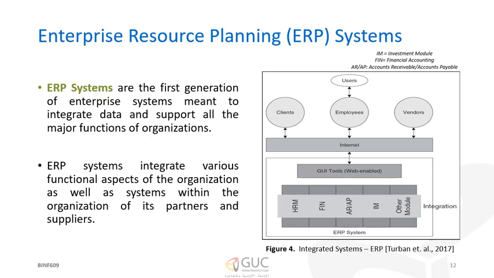ERP systems integrate different functional parts of the organization and the system within the organization with partners and suppliers using a web-enabled graphical user interface, which means that they work using web clients that make them accessible to all the employees, clients, partners, and vendors, anytime and any place, and so promote the business unit's effectiveness.